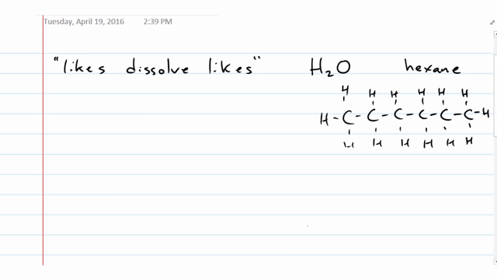Now we already talked about the polarity of water. How about the polarity of hexane? Is this going to be a polar molecule or is this going to be nonpolar? Well, we don't even need to look up electronegativities for this one.